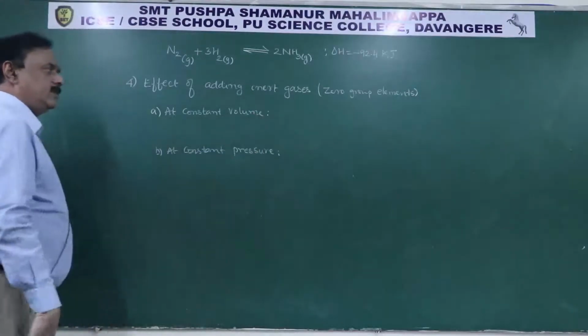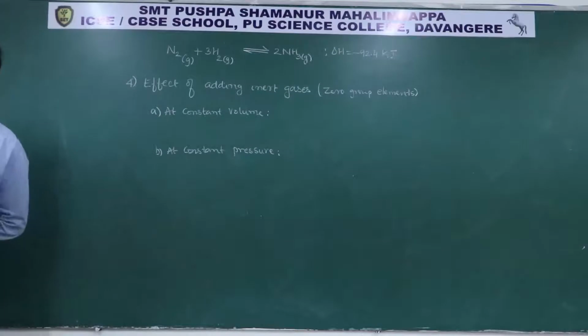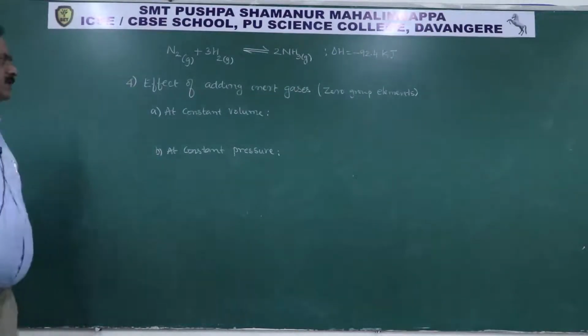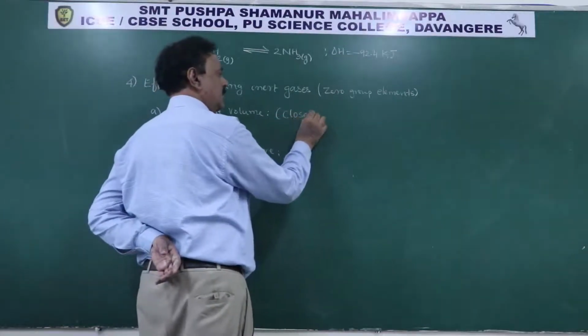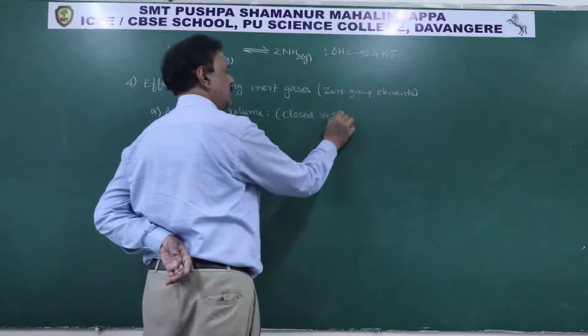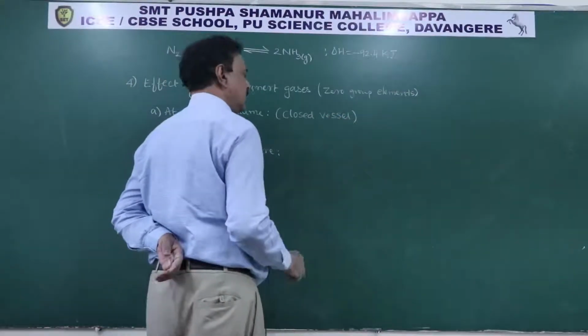First, constant volume. Constant volume means a closed vessel. It is called constant volume.